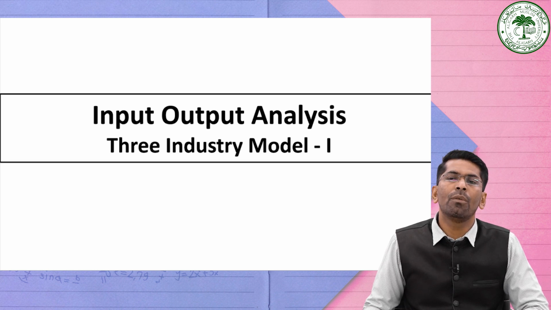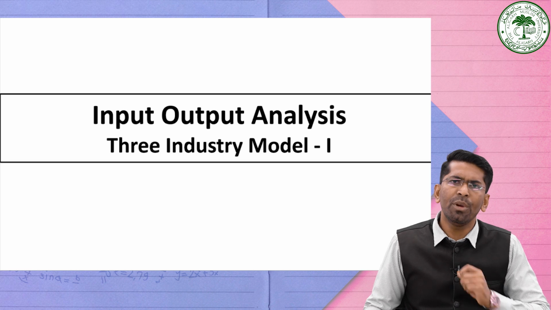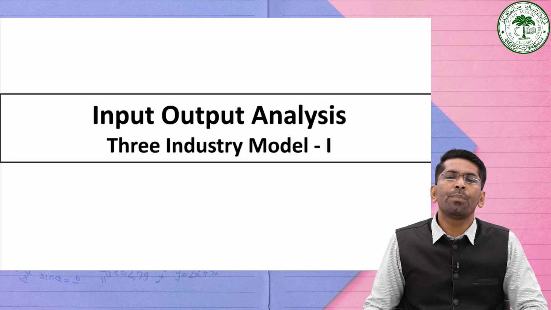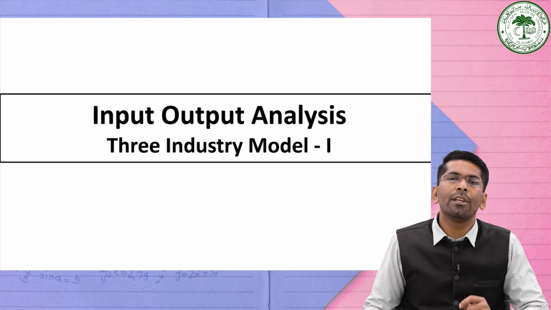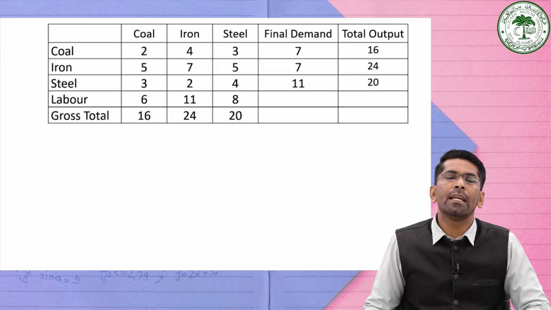And we also solved the problems related to the two industry or two sector models. Today, we will discuss the problems related to the three industry or three sector models. Consider one example. We are given the input-output table, and from it we have three industries: coal industry, iron industry, and steel industry.